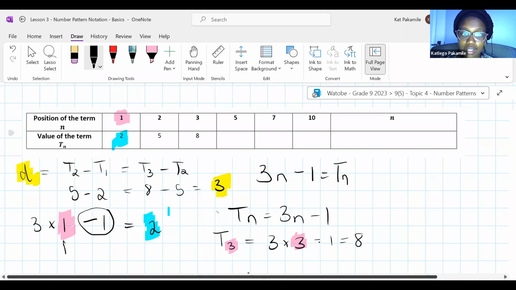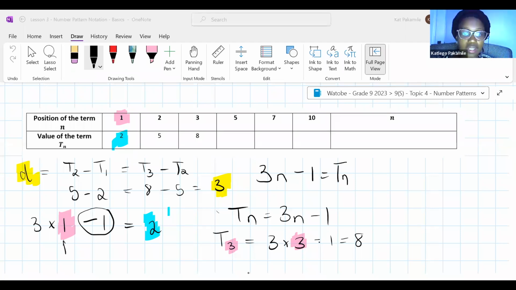Yes, ma'am. So in position 3, we had a 3. So you say 3 times 3 minus 1, and that's 8. Do you see how it works? Yes, ma'am. Oh, that's what happened. I asked for term 4, but then did term 3. Okay, guys, I get it. Sorry, guys.